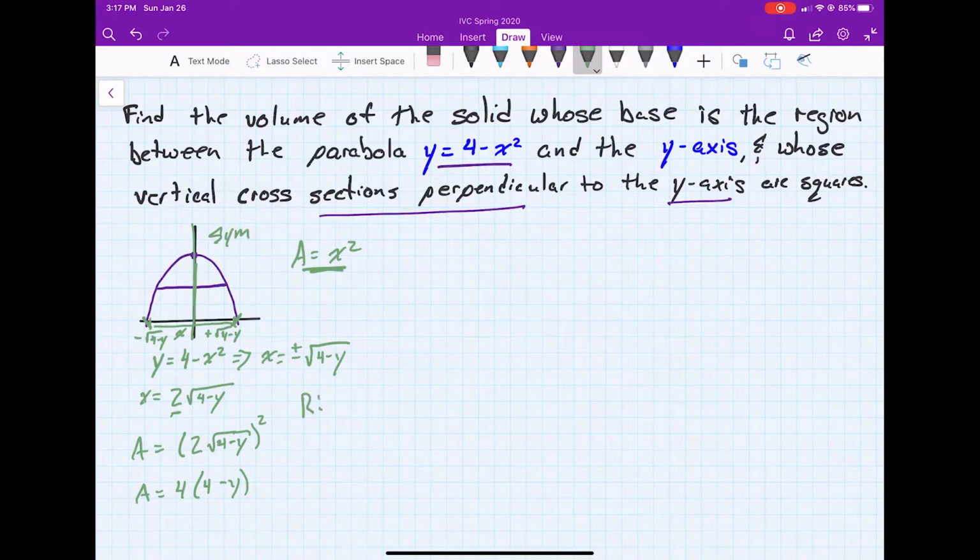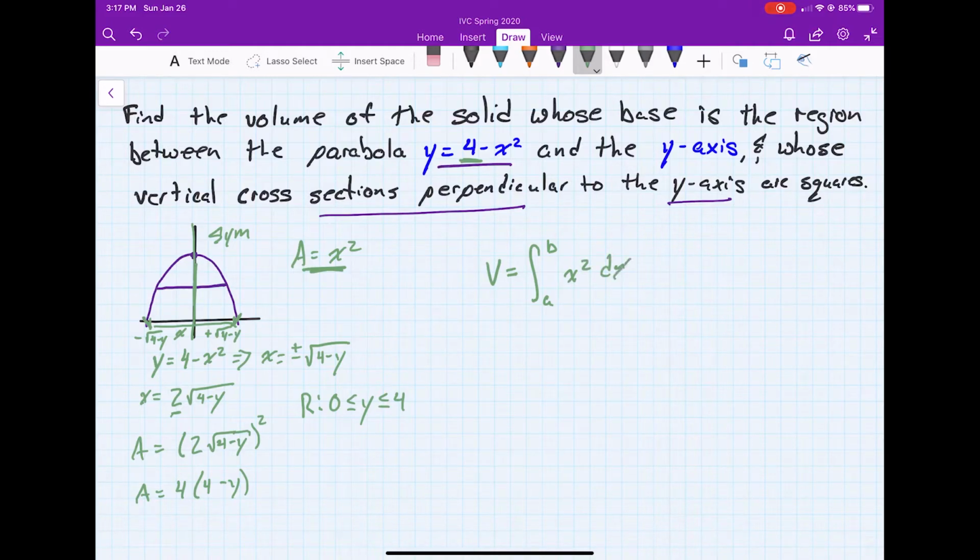So our region is going from 0 to 4, and we get the 4 from right here. That's the top of our parabola, since we're going from the x-axis to there. Now our formula is volume equals the integral from a to b, and since we're doing squares, it's x squared dx.